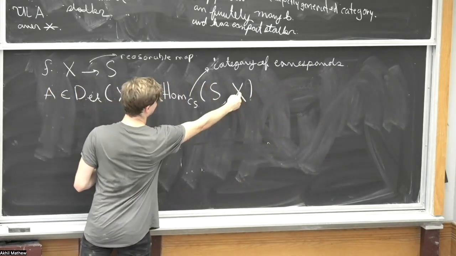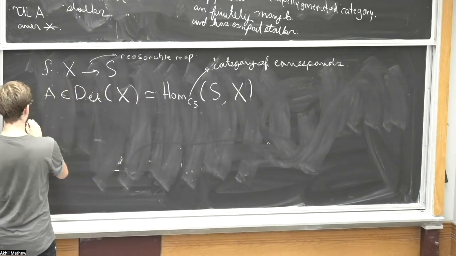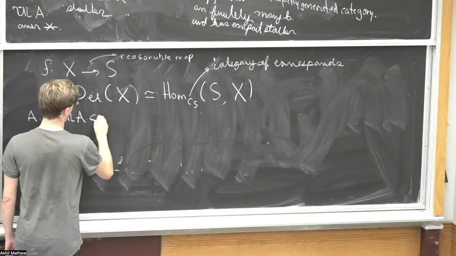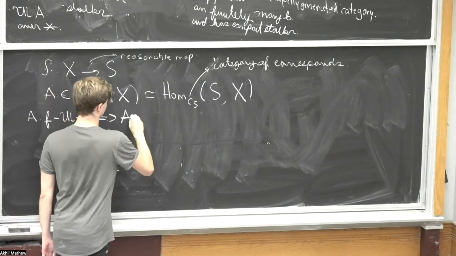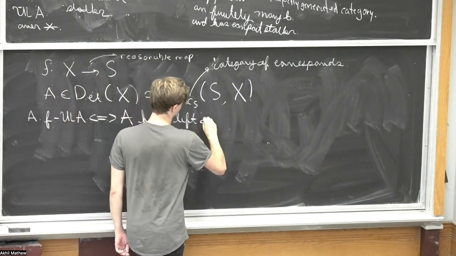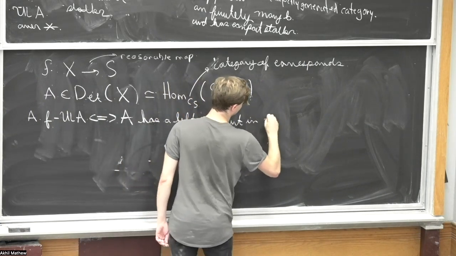The fiber product of X and S over S is just X. And so then A being ULA is actually equivalent to A having a left adjoint in the category of correspondences.